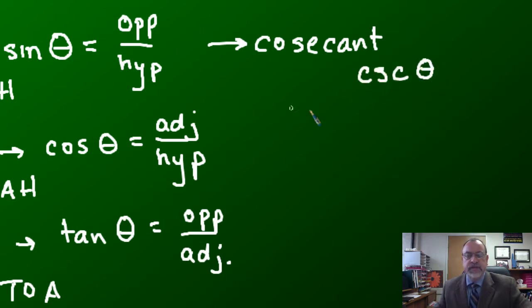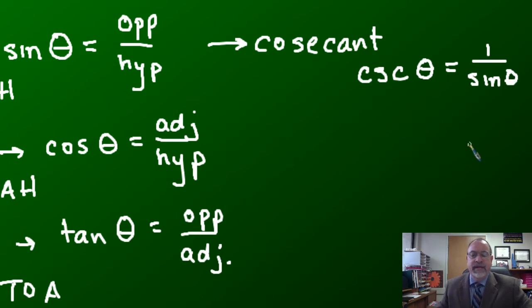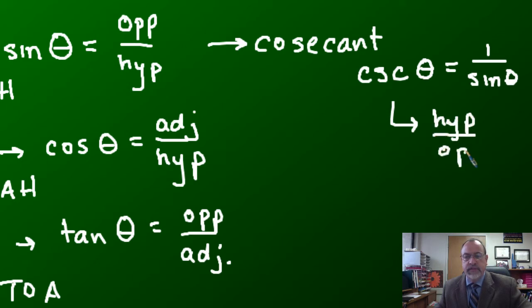You'll see this written as 1 over the sine later on, and we'll just introduce it now. So, the cosecant is 1 over the sine. The ratio is then the reciprocal of this ratio, so the cosecant ratio would be the hypotenuse over the opposite, because they're reciprocal functions.